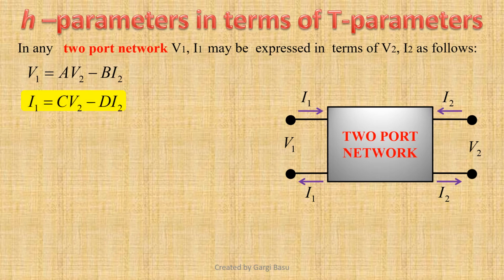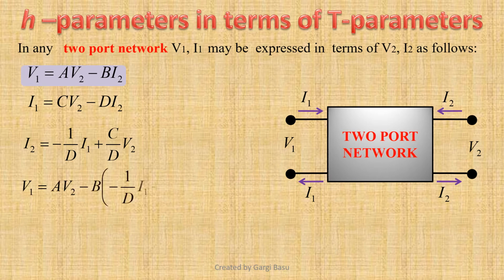By rearranging equation number 2, we get I2 equals minus 1 upon D times I1 plus C by D times V2. Using this expression in equation number 1, we can write V1 equals A V2 minus B into minus 1 upon D times I1 plus C by D times V2.